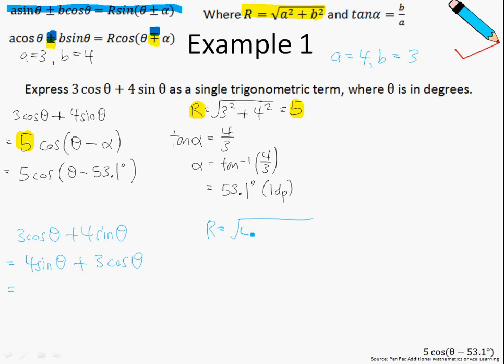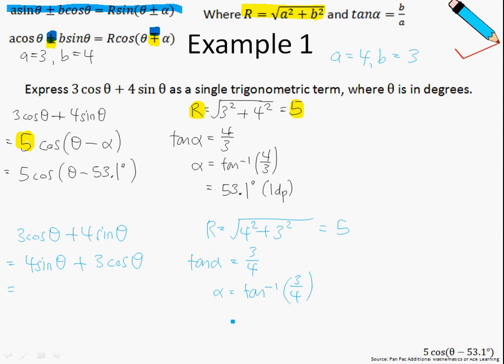So I will have 4 square plus 3 square, which still gives me 5. However, the tangent of alpha, which is b over a, has now become 3/4.